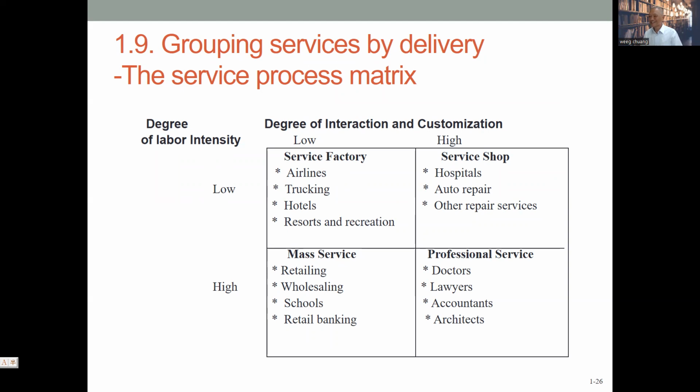And the last situation, high interaction and high labor intensity, we have professional service such as doctors, lawyers, accountants, and architects. So we group services by delivery with the service process matrix: service factory, service shop, mass service and professional service.